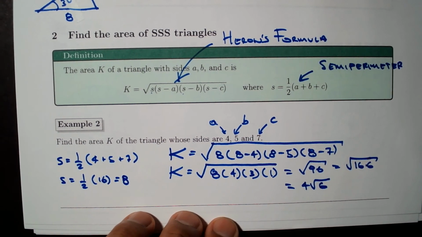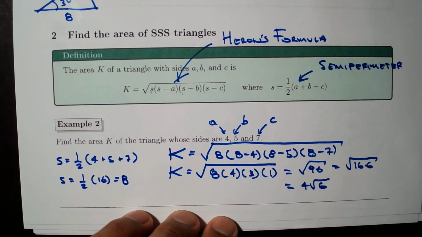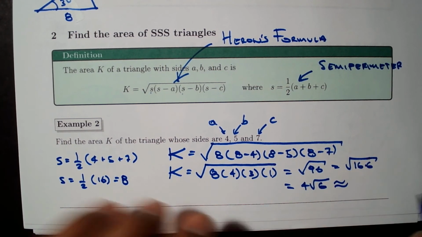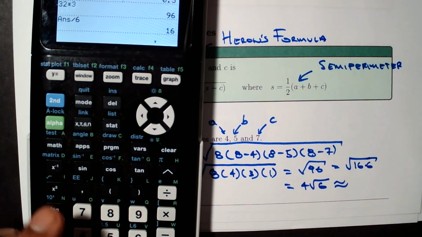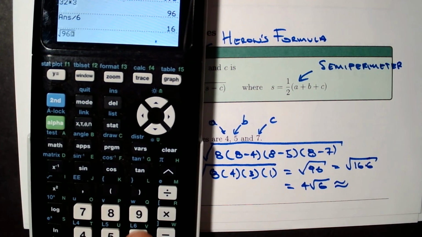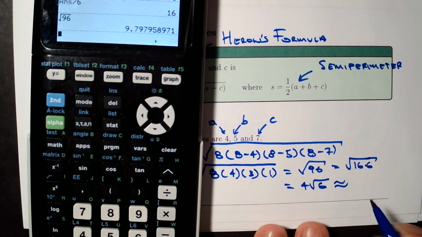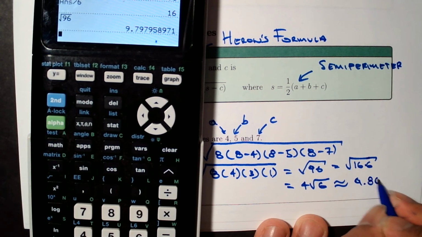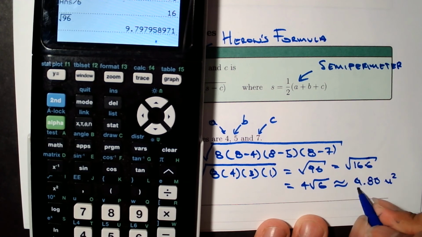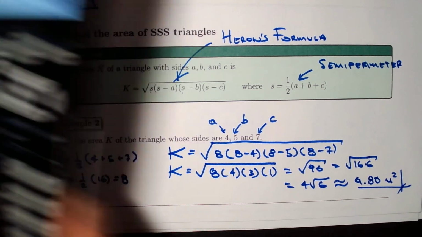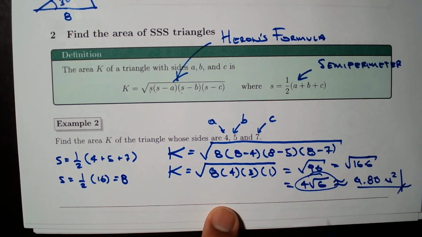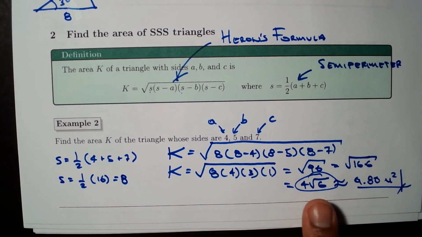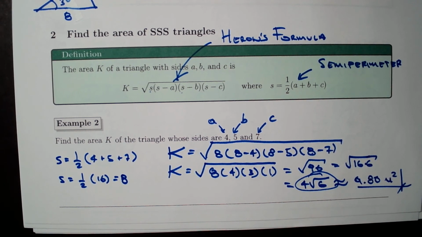But if you want to approximate, the square root of 96 is about 9.80 units squared. Most likely in MyMathLab, you are going to be asked to put this as a final answer.